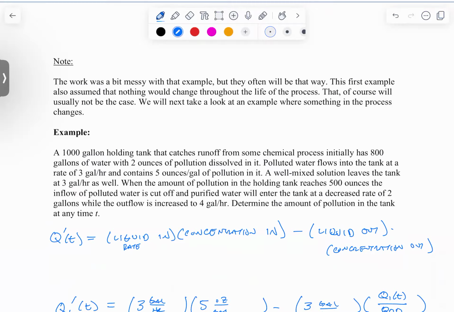Okay, T maximum pollutant time, that's what we're trying to find, TM.